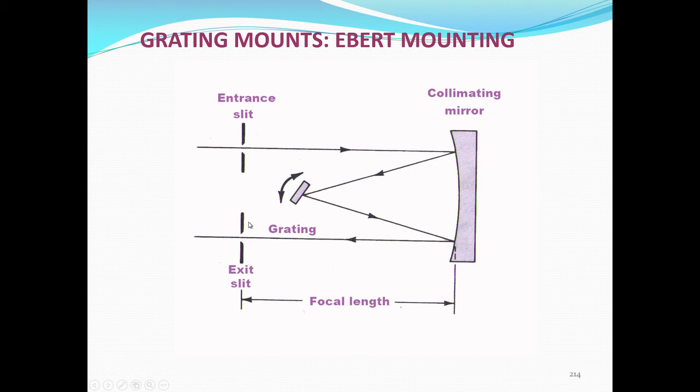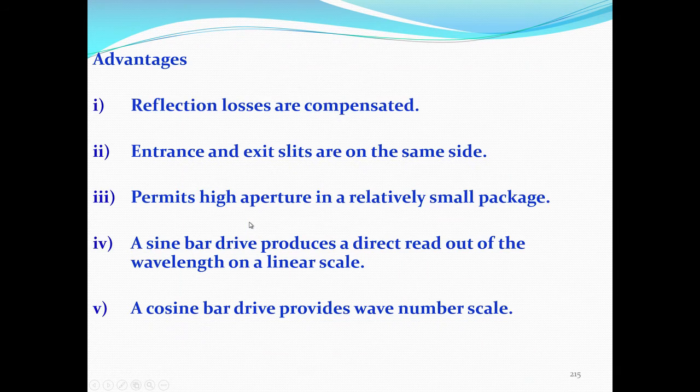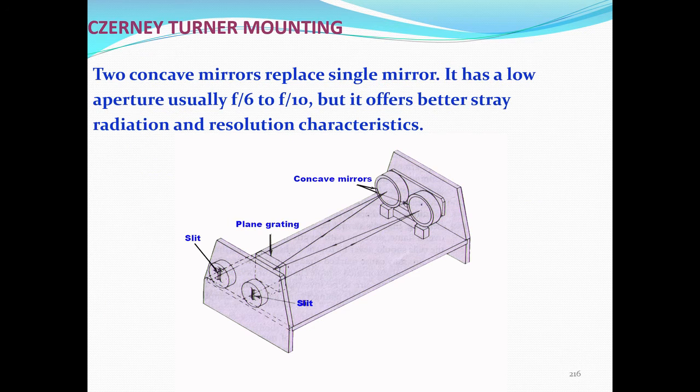Okay. Now I will show you another arrangement where there are two mirrors instead of one mirror. Here you can see there are two mirrors. So the entrance slit is here, it goes here, collects on the grating, again goes to another mirror, not on the same mirror like earlier, but comes out on the exit slit.